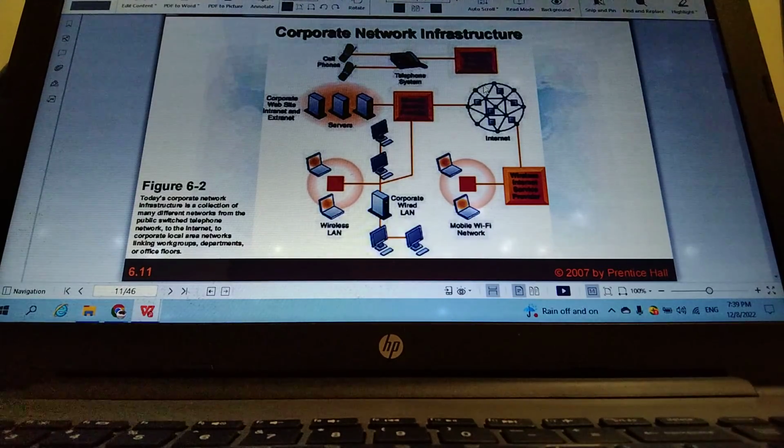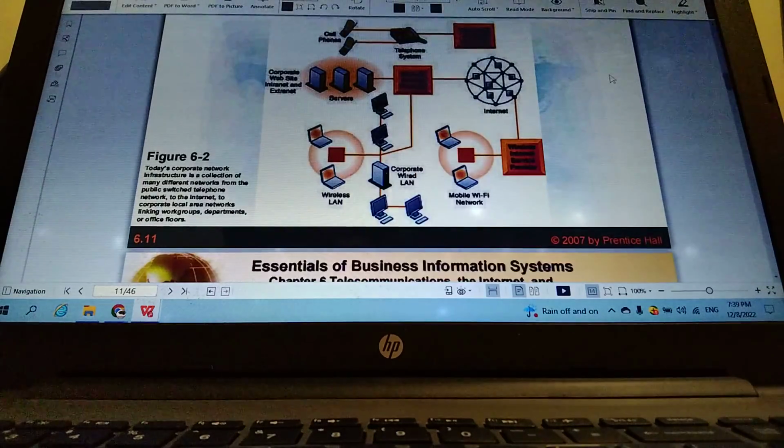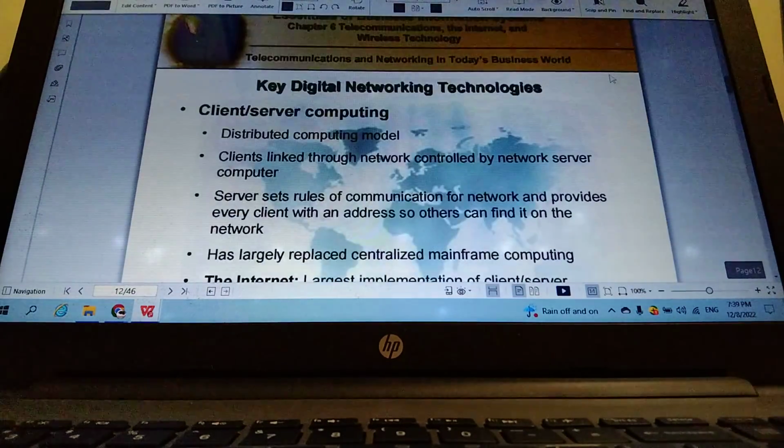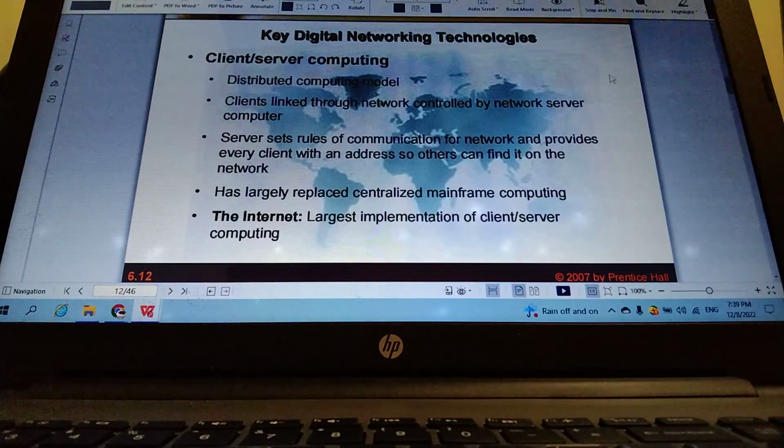So this is a corporate network infrastructure. I'm very sure you're part of this. You might be working for a company or for a hospital, and your setup could be quite similar to this. So with that, I hope you understand what is meant by a large local area network or corporate network.